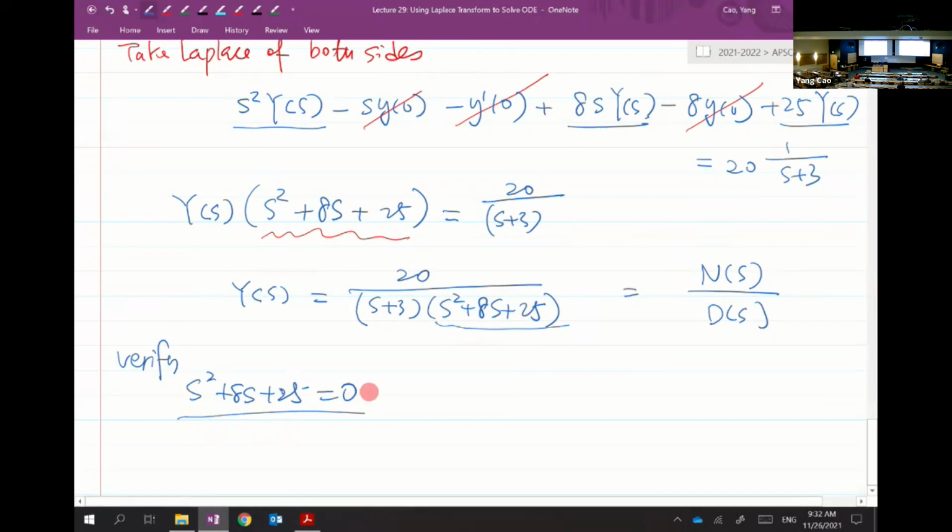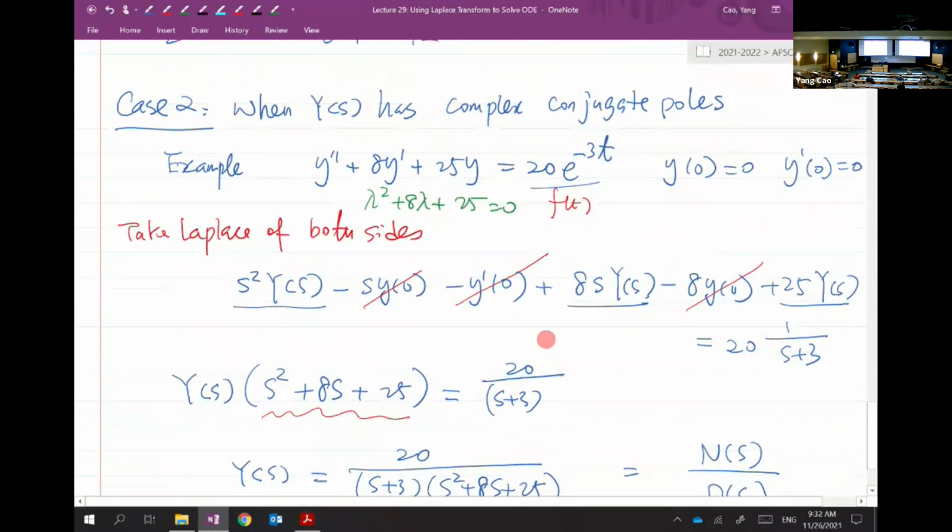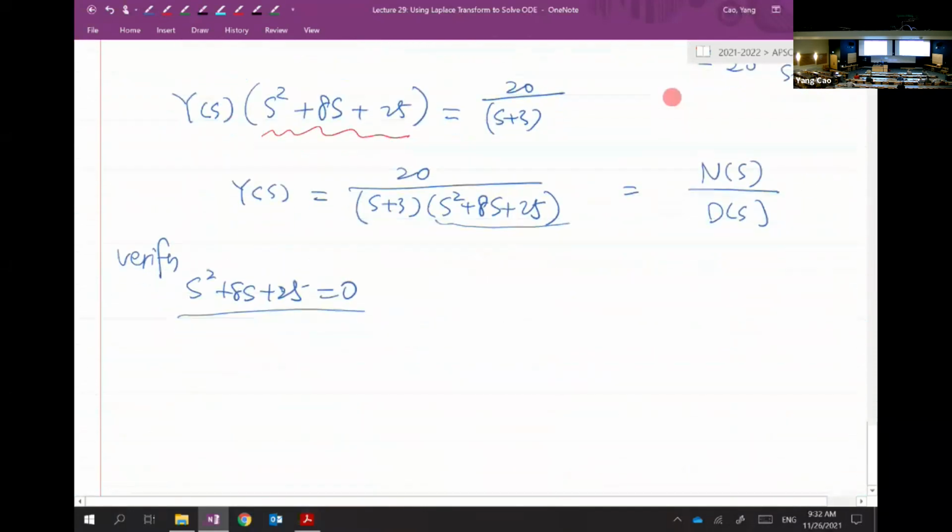If you have a calculator now, you can also verify this, the solution for this one here, or is equivalent to the solution of the characteristic equation, basically. Okay, so you will find out the solution to this quadratic function is a pair of complex conjugate roots.